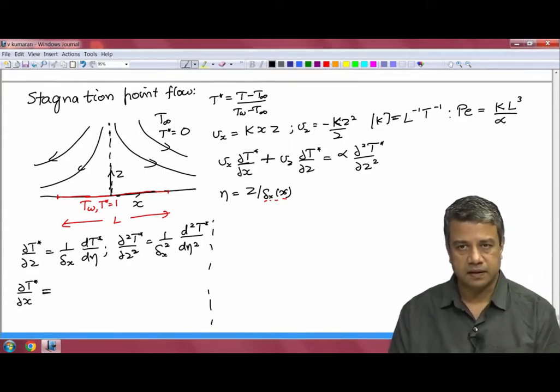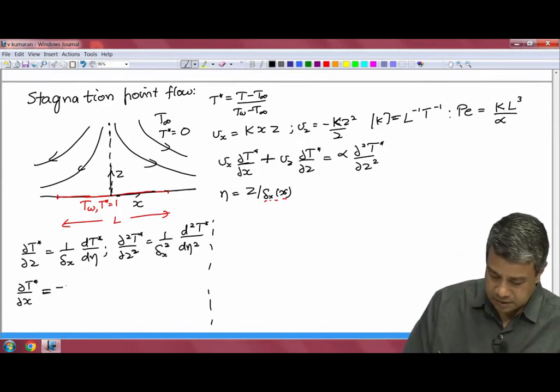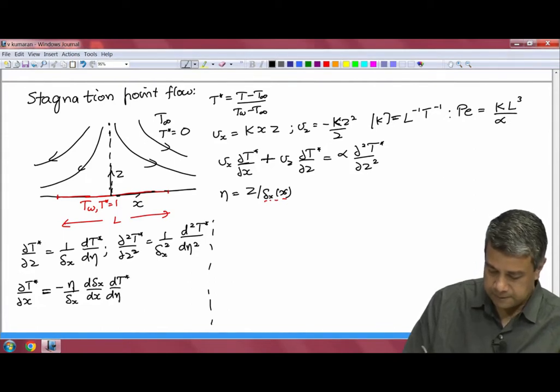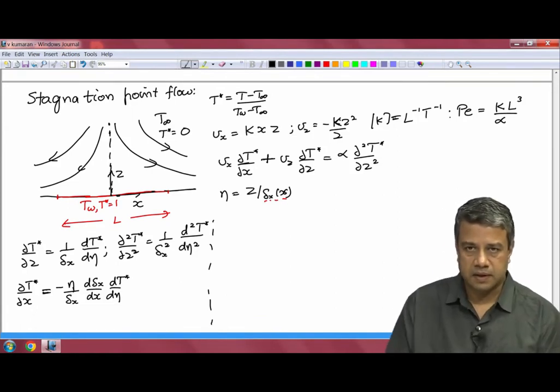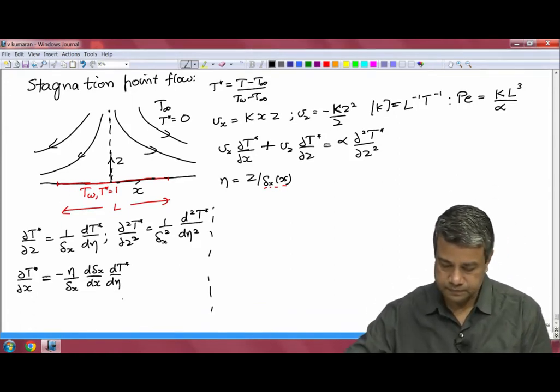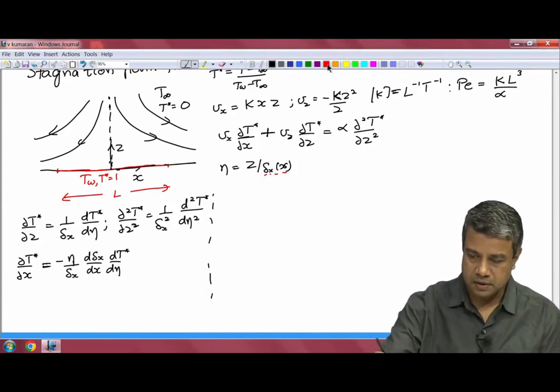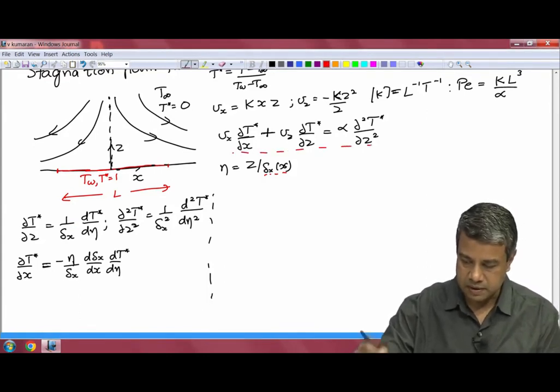You can verify that using chain rule: minus eta by delta d delta by dx d T star by d eta. Those were the derivatives that we had obtained. Substitute that into the conservation equation.